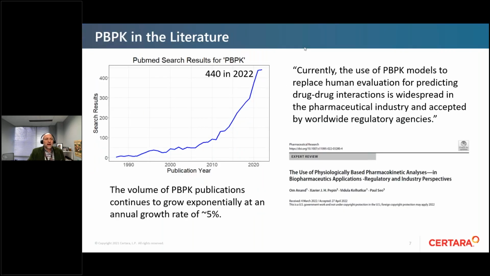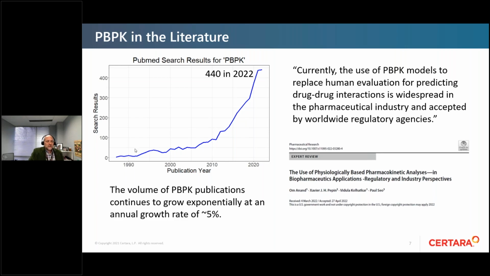So, a few words about PBPK in the literature. The plot on the left-hand side is data from PubMed, showing the publications per year since 1981, I believe it is. Actually, the first occurrence was 1987, now that I remember it.